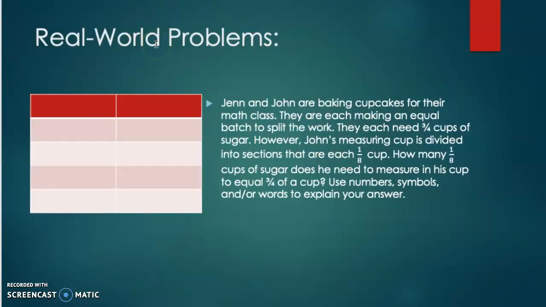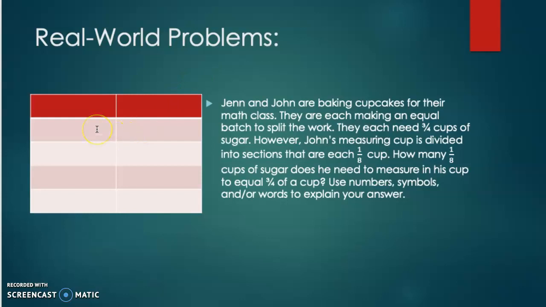Okay, last of the problems. Jan and John are baking cupcakes for their math class. They are each making an equal batch to split the work. They each need 3/4 cups of sugar. However, John's measuring cup is divided into sections that are each 1/8 cup. How many 1/8 cups of sugar does he need to measure to equal 3/4 of a cup?